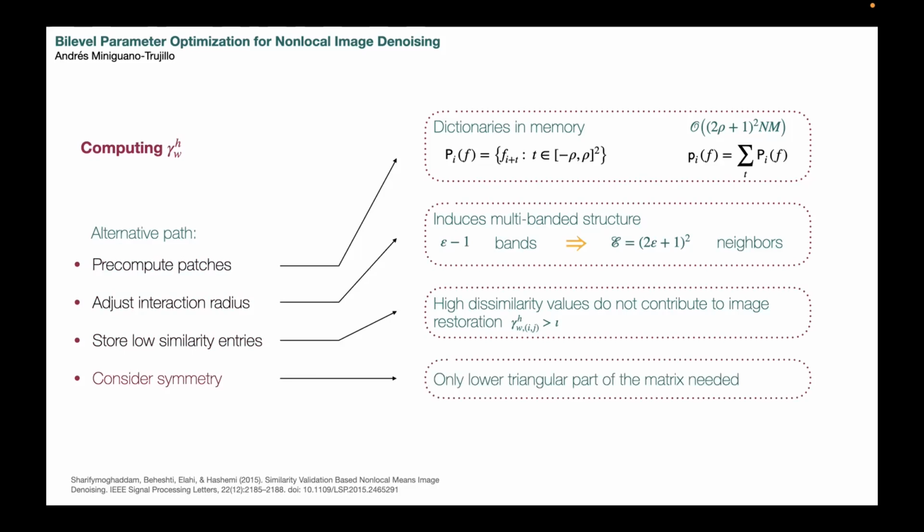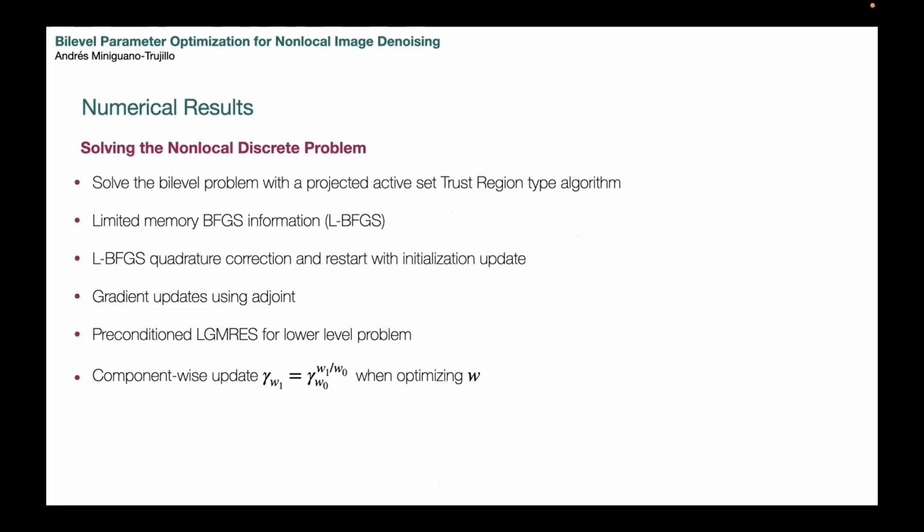Also, we have a symmetric kernel, so only the lower triangle really needs to be stored. In any case, we reduce the complexity to this expression that we have here. In terms of speed, it reduces the computation to around 20 seconds. From 40 hours to 20 seconds is quite a difference, right?